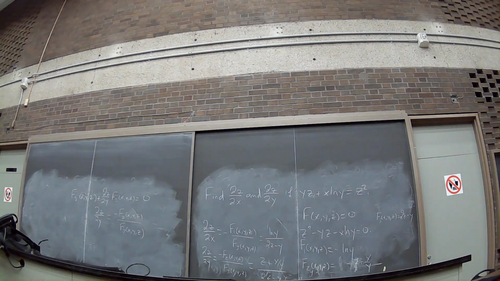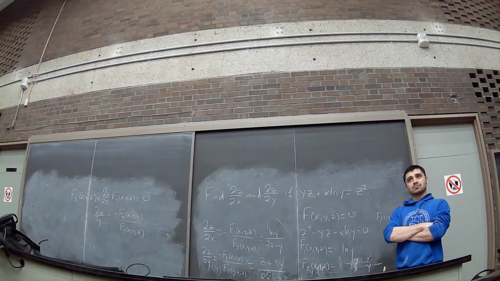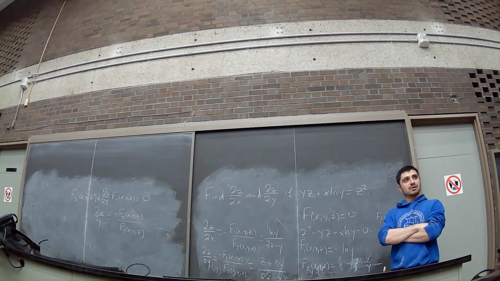Now, let's go back to class 1. You had a curve defined implicitly, x squared plus y squared is equal to 1. You can find y prime by implicit differentiation.